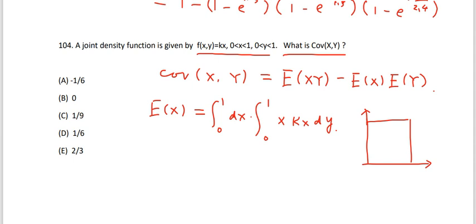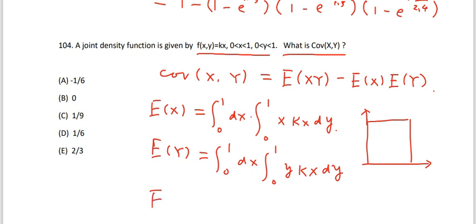And for Y, we just change this X to Y, right? So what is E(Y)? X goes from 0 to 1, and Y also from 0 to 1. Then here just Y kx dx dy. And what is E(XY)?